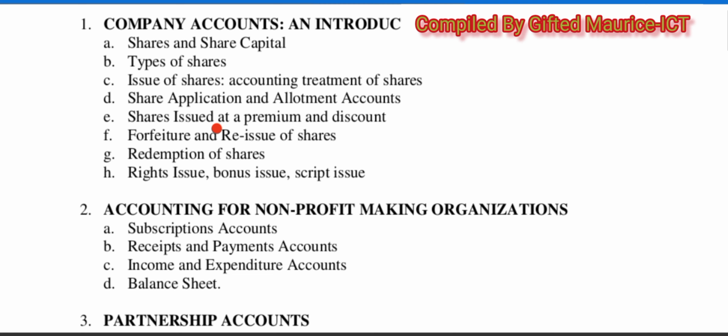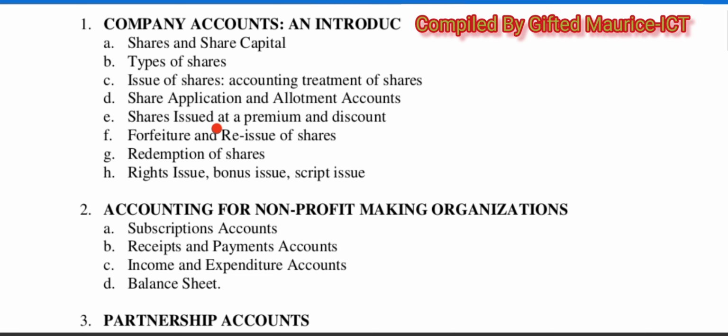Now, when shares have been issued and calls have been made, the defaulters on the calls will have their shares cancelled. And once the shares have been cancelled, the monies received will not be refunded.